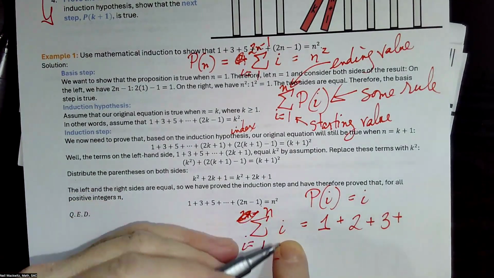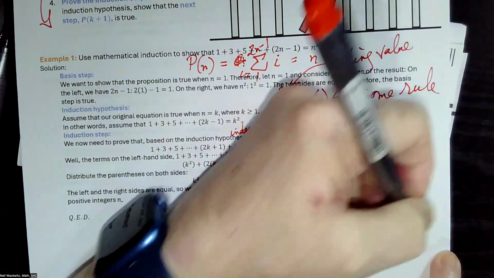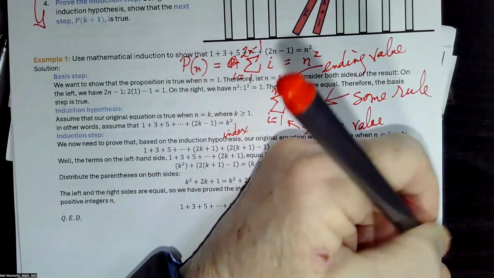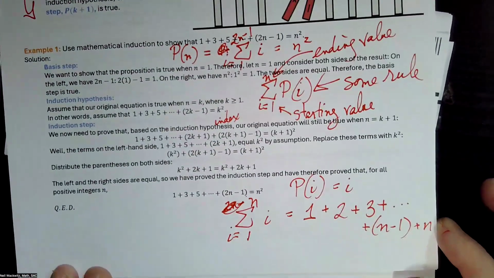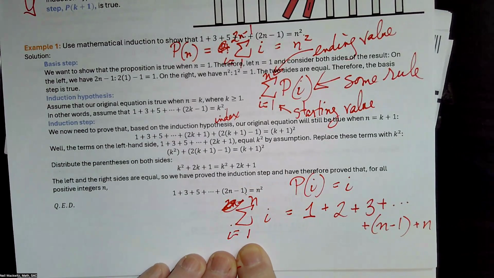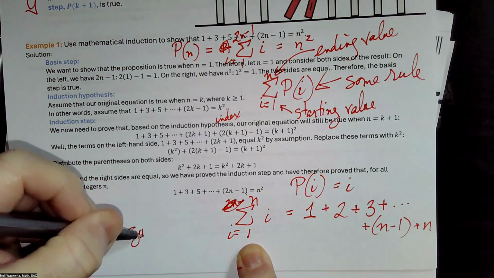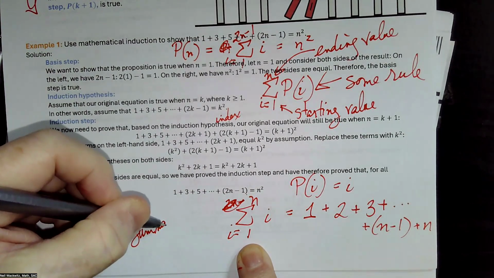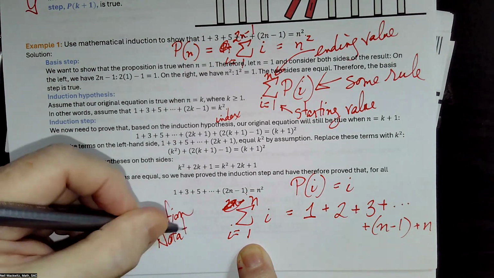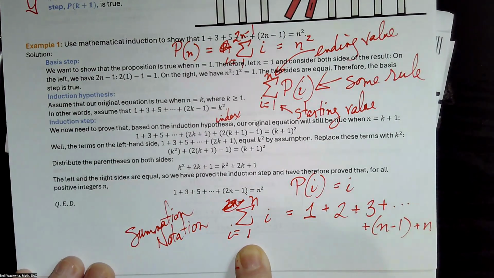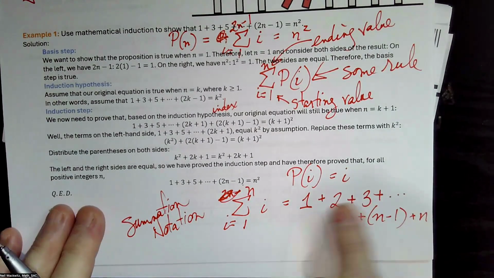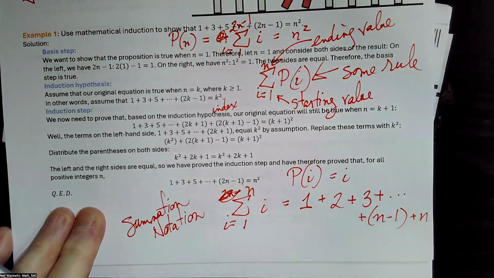We're just adding all of these numbers, plus dot, dot, dot, plus, and then we'll have n minus 1 plus n. So this notation is called summation notation, and it enables us to write a sum in a very compact way.